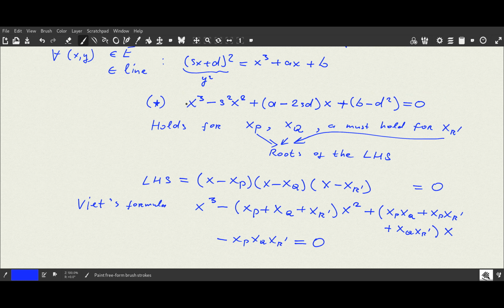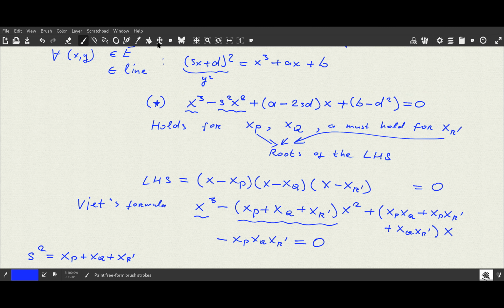But we can now equate the coefficients. At x cubed, the coefficient is 1. Now by equating the coefficients at x squared, we immediately see that s squared equals to xp plus xq plus xr prime. That the coefficient at x is equal to a minus 2 times sd, but it doesn't really matter that much for us because our problem is already solved.